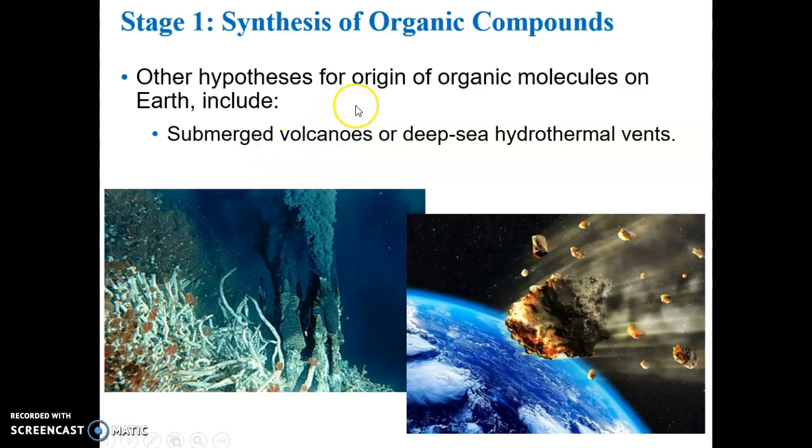So one hypothesis for the origin of the organic molecules that led to cells, that led to life, is these submerged volcanoes or hydrothermal vents in the ocean, and sometimes they're in the deep ocean. So there are hypotheses that life originated in the deep oceans.